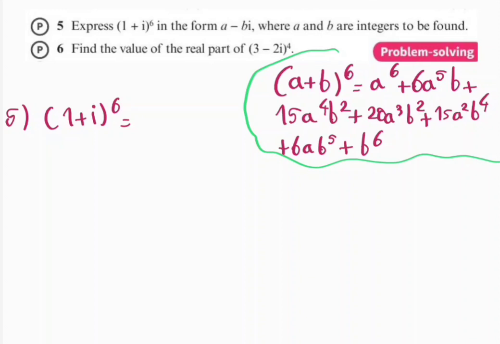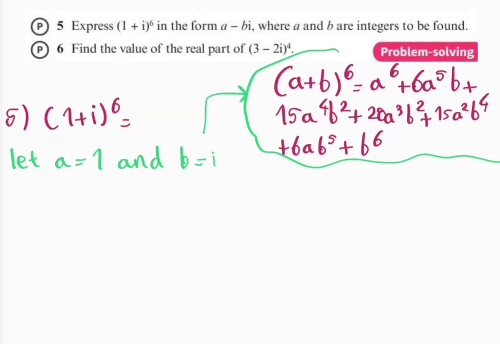Now how can we use this? It's very simple. Let a be equal to 1 and b be equal to i. The rest is just a matter of substituting 1 and i into here.